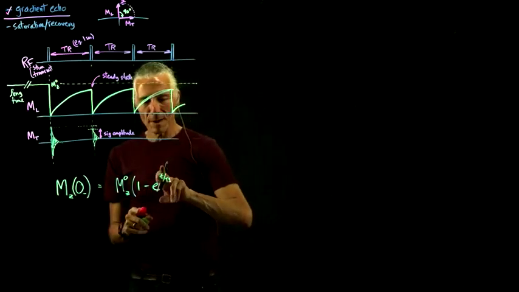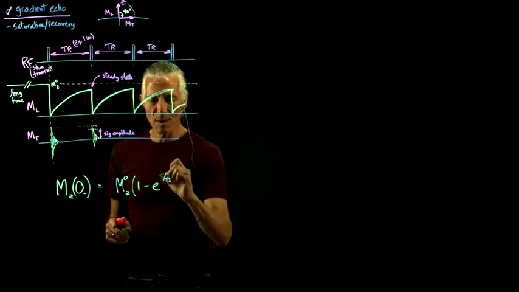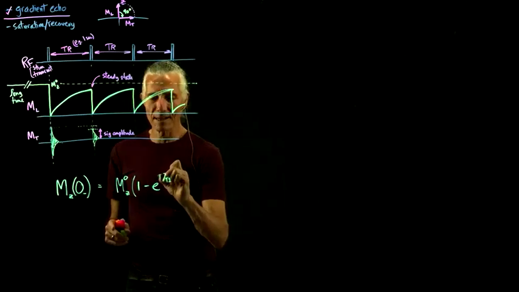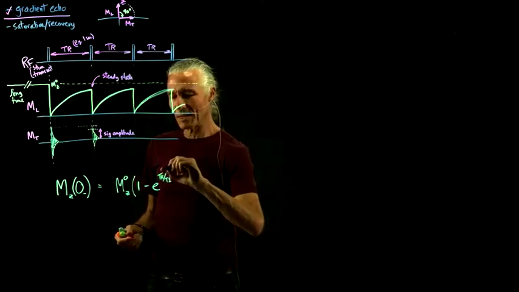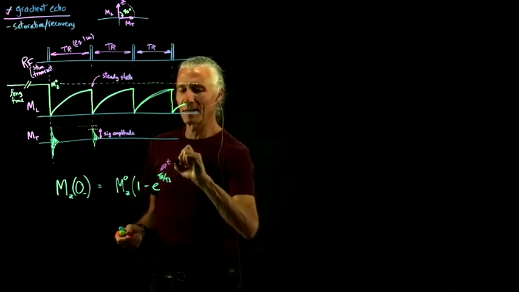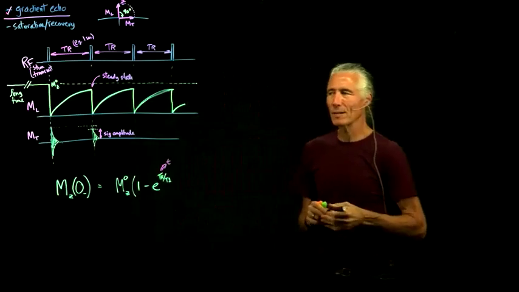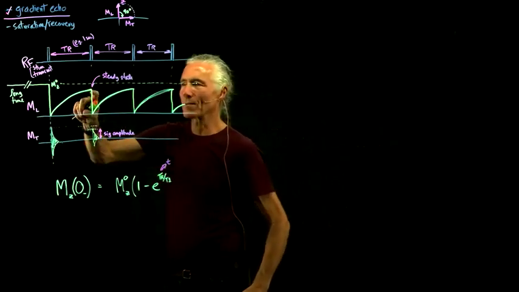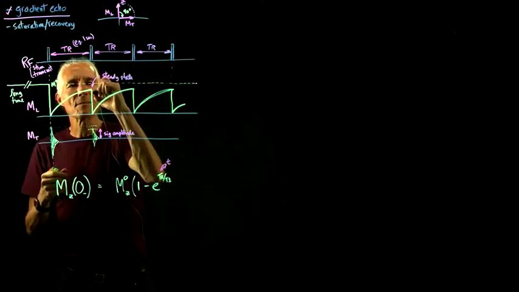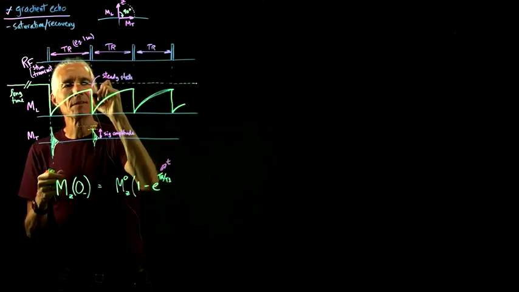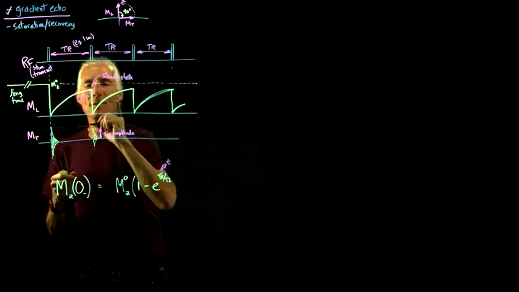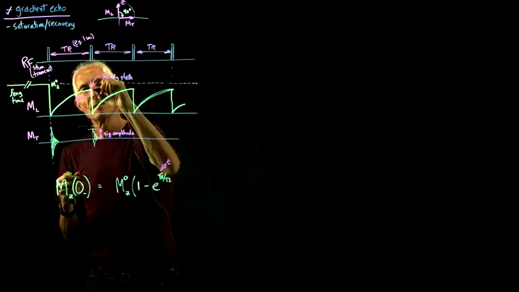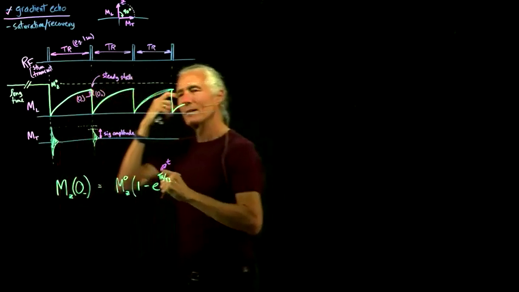But now we just want to insert TR in there. This is just a single time point solution to that Bloch equation curve, because we just want to know what it is right here. This is 0 minus, just before, and this right here is 0 plus, just after.